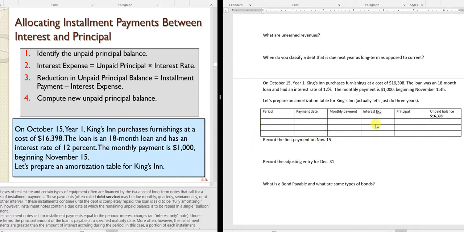The interest expense is always going to be principal times rate times time, and the principal is the unpaid balance. So on the unpaid balance of $16,398, principal times rate, 12%, and the period of time this payment covers is 1 month, so times 1/12.